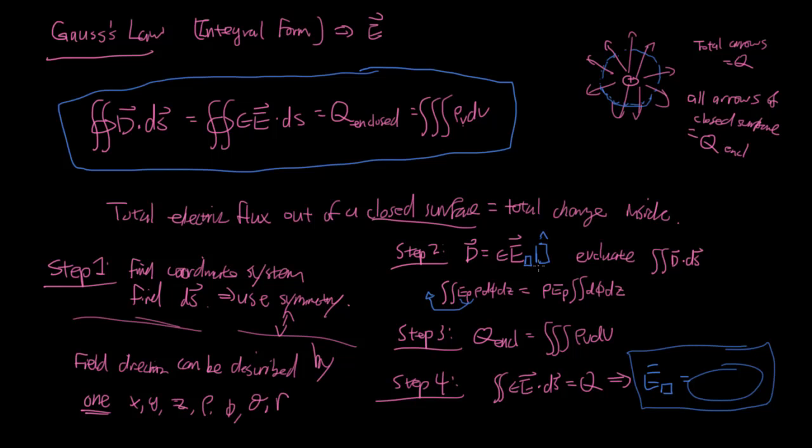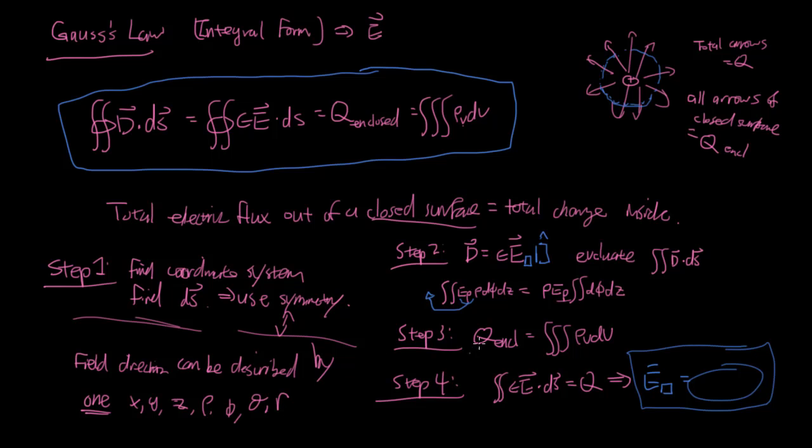The second criterion is that your expression for the electric field has to be independent of the ds terms. So in this example, if you decide that your E is in the rho direction, you have to be able to write it in a way such that it's independent of phi and z. The main purpose of that is ultimately in step 4, you want to be able to pull E out of the integral and shove everything to the other side to come up with your expression for the E field.